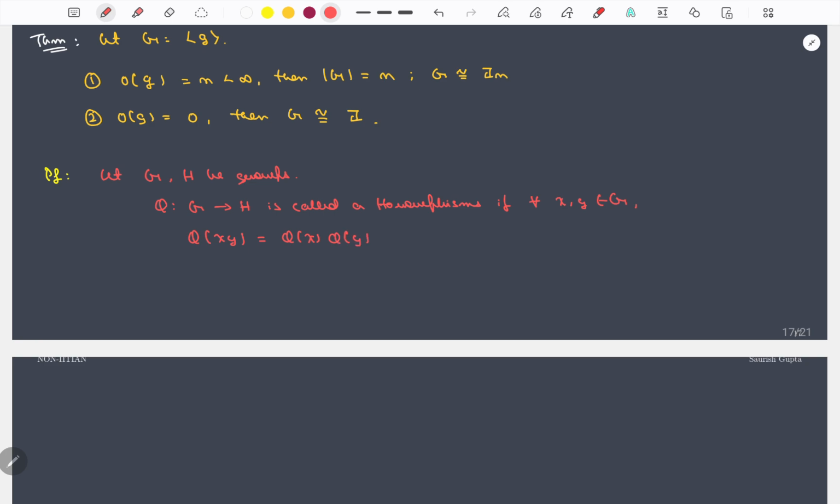For a more general notion, let me denote the operations of both groups differently. So it preserves the operations of the groups, and hence it preserves the internal structure of the groups in some sense.